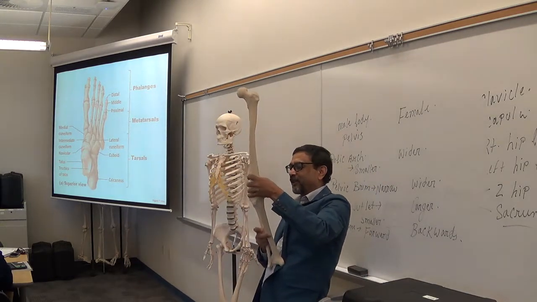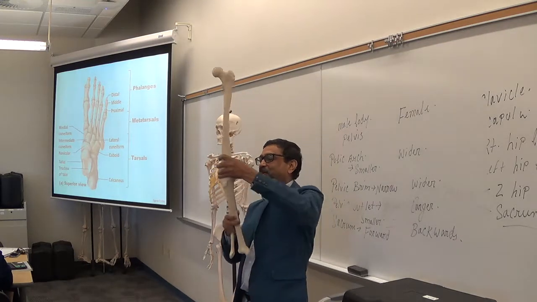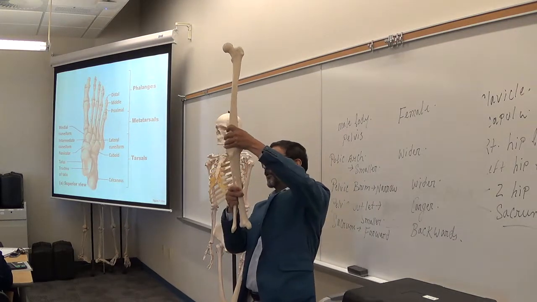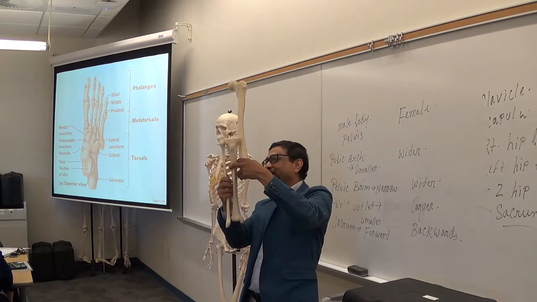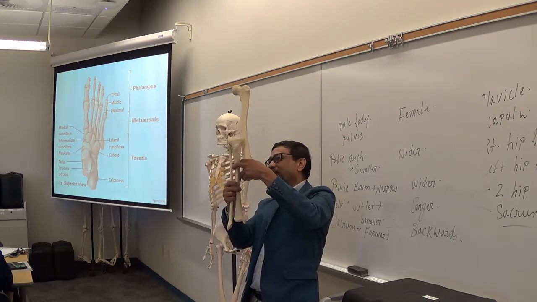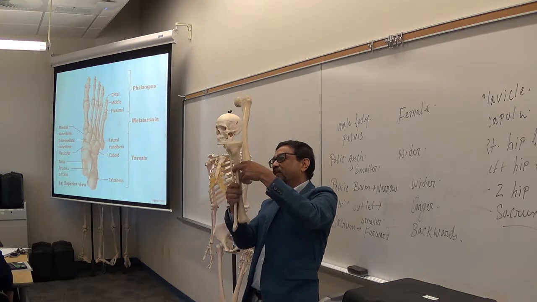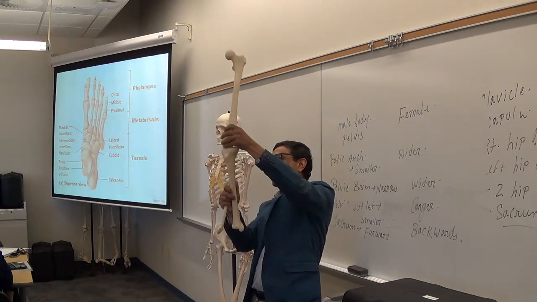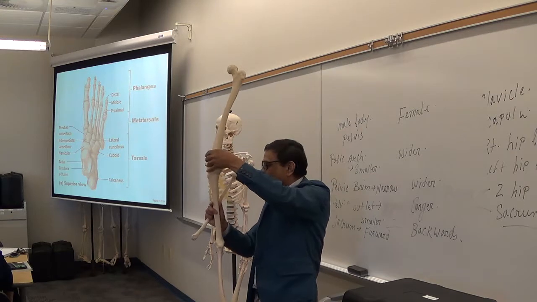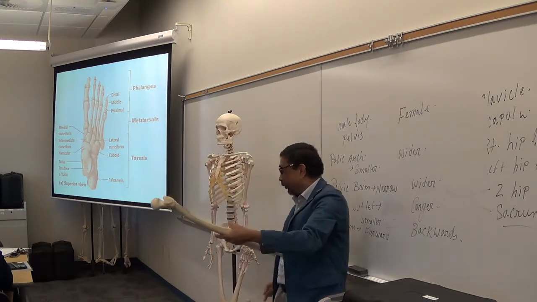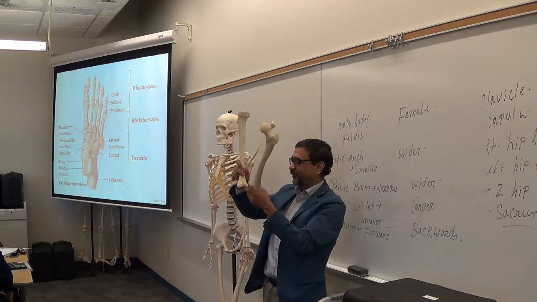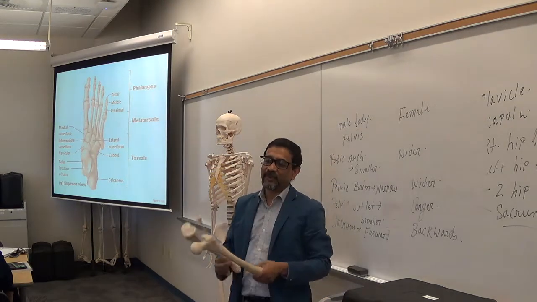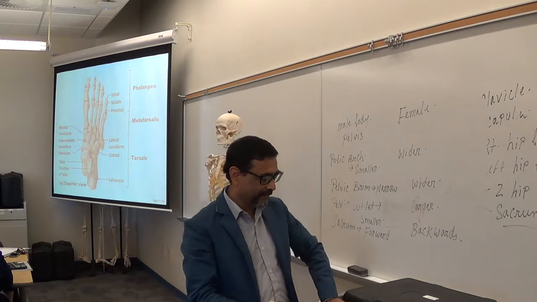The fibula is not attached to the femur. The fibula is attached to the head, the upper end of the tibia, here. Okay? So the weight directly goes from what? From the femur to the tibia, right? And from the tibia, it goes to the talus, because the talus is attached here. Okay? Then from there, it goes to the calcaneus.